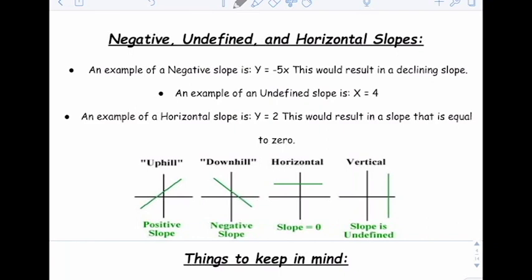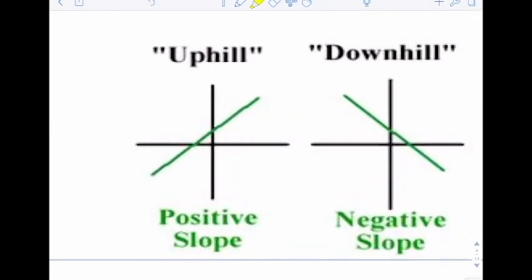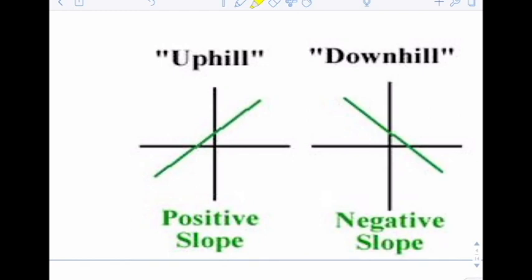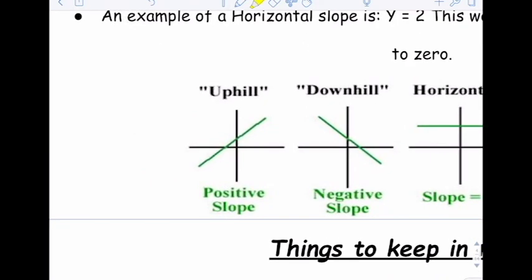Let's go ahead and do this. An example of a negative slope is y equals -5. This would result in a declining slope. The general positive slope starts at the left, goes to the right, and gradually increases.